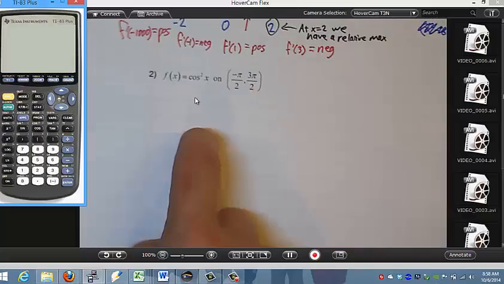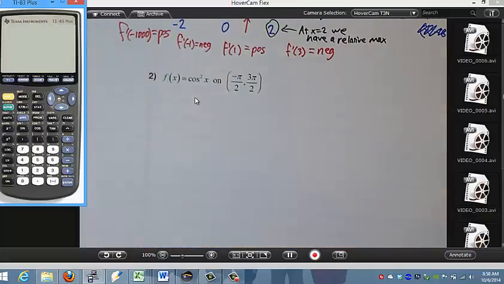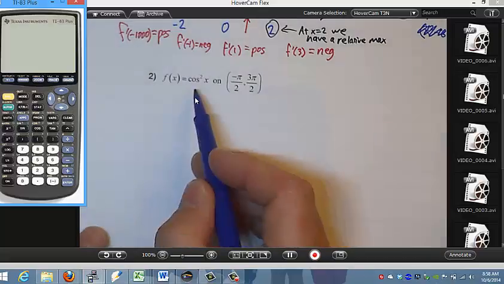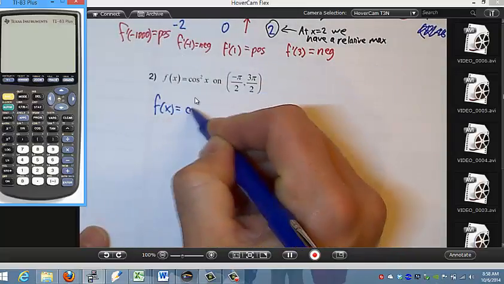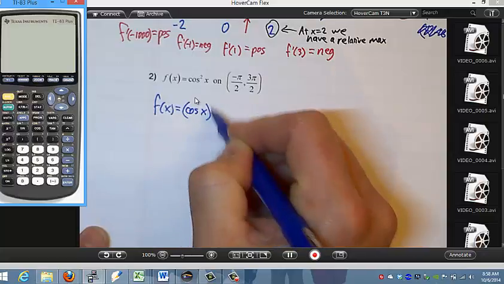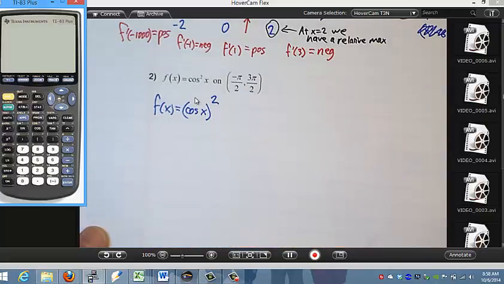Let's talk first derivative test rather than algebra. So number 2, I'm going to move a little bit more slowly this time because people sort of got this one. One thing that helps, you guys do understand that what this really says is this. You agree? That's the same thing.